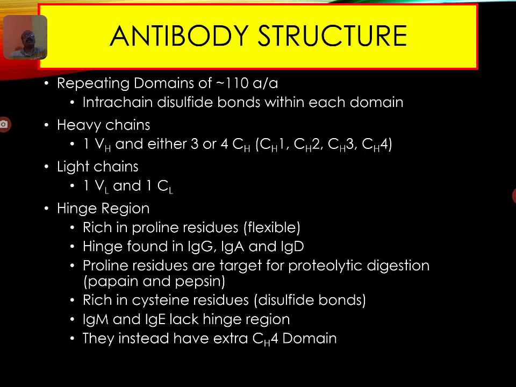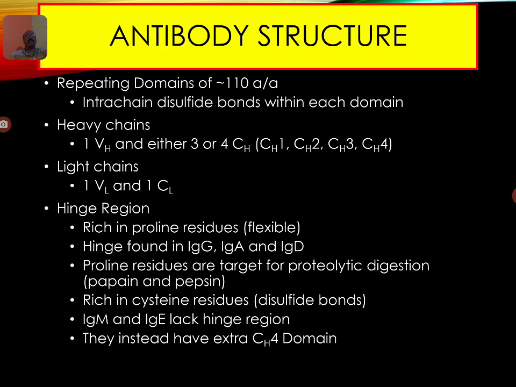Apart from this structure, it has a center part called the hinge region. This region is rich in proline residues, so it is very flexible in nature. This hinge region is found only in immunoglobulin G, immunoglobulin A and immunoglobulin D. Proline residues are targeted for proteolytic digestion, that is, the protein will be lysed by enzymes, papain and pepsin.